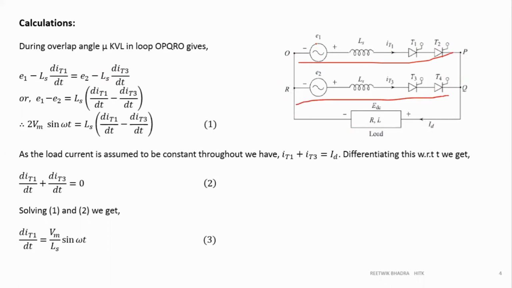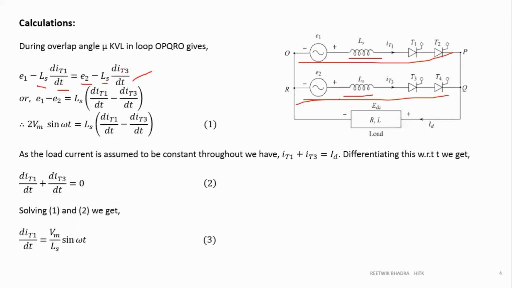So can I write E1 minus the drop across this LS is equal to E2 minus the drop across this LS? Yes, obviously we can write. That's why I have written E1 minus LS dIT1 by dt is equal to E2 minus LS dIT3 by dt. L di by dt is your voltage across your inductor.